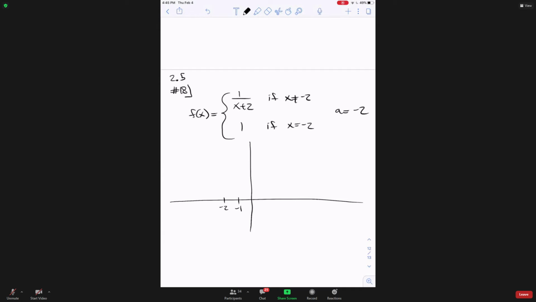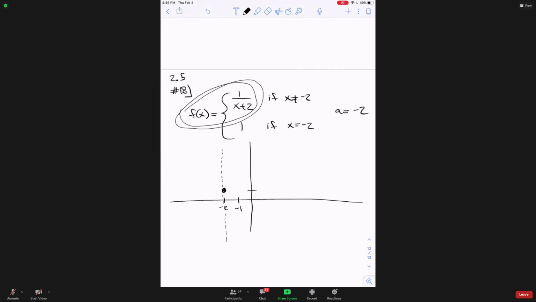Basically the graph is going to look like how f of x equals 1 over x plus 2 looks, because that's everywhere where x is not equal to -2. What about -2 itself? At -2 itself, f is just equal to 1. That's what the bottom line is for. So everywhere else except -2, you use the top portion, f of x equals 1 over x plus 2. How do you graph 1 over x plus 2? There's a vertical asymptote at x equals -2, because that's an x value that makes the denominator 0. You'll learn that again later on.